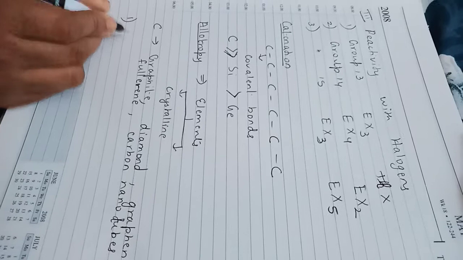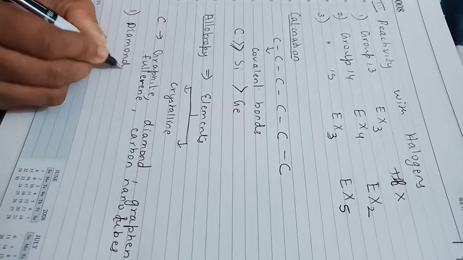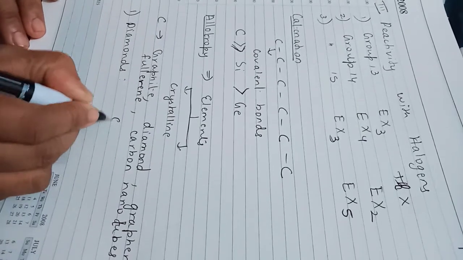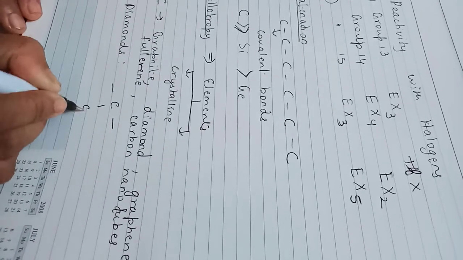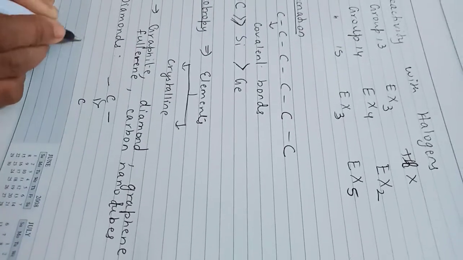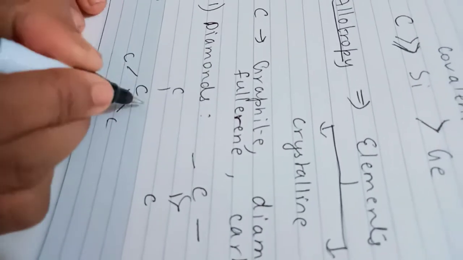Now first of all, the first allotrope of carbon, that is diamond. In diamond, each carbon atom, which is sp3 hybridized, is linked to 4 neighboring carbon atoms at the corners of a regular tetrahedron.